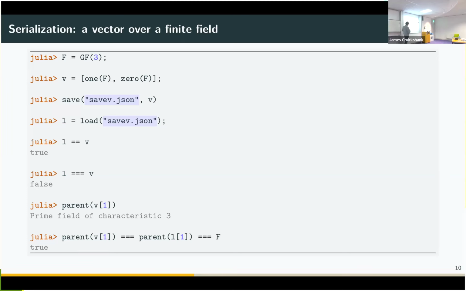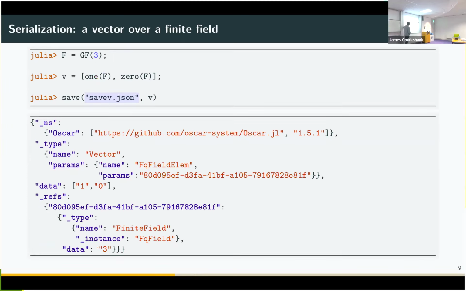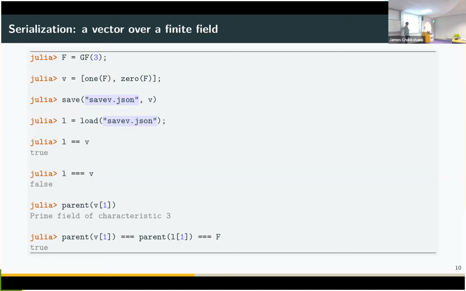And using this key, it was even possible to identify the field which was used and to assign this vector to exactly this field. I've seen yesterday that finite field elements all have a parent. For the parent, it's important that it's compared with respect to object identity.